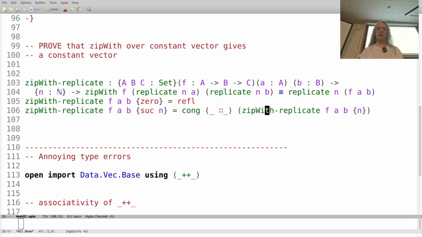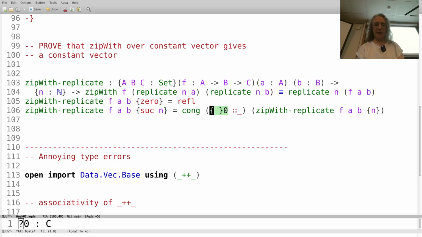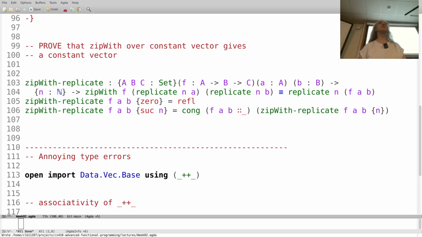And if I wanted to be fully explicit about what was being consed on the front, I can write a question mark here and then say Control-C, Control-S to solve the constraints. So that's the loud version of you figure it out. There's an option on the menu, or Control-C, Control-S, which means solve constraints.